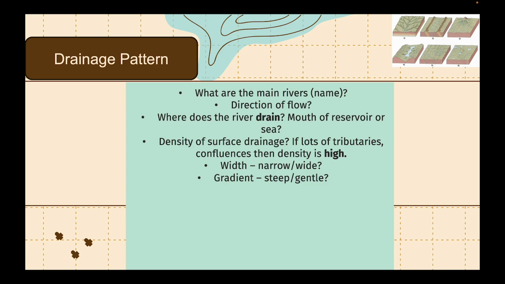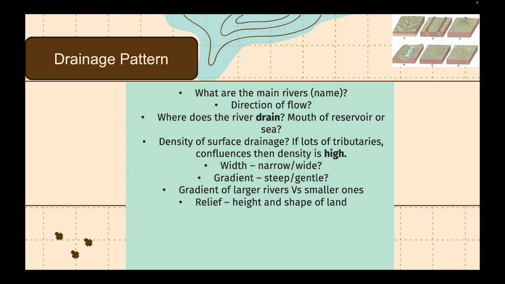Certainly, if there are lots of tributaries, then the gradient will be steeper compared to larger rivers, where the gradient is more gentle as you go downstream. Again, I'm comparing the gradient of larger rivers versus smaller ones, as well as the width. The relief as well, so the height, again using the contour lines to identify this.